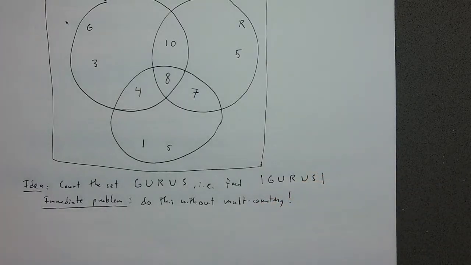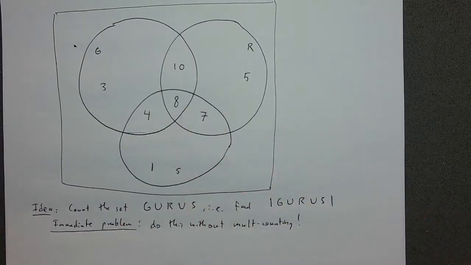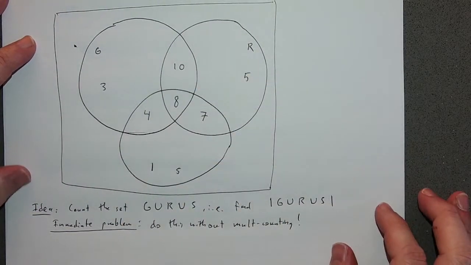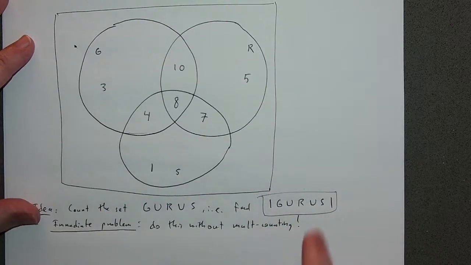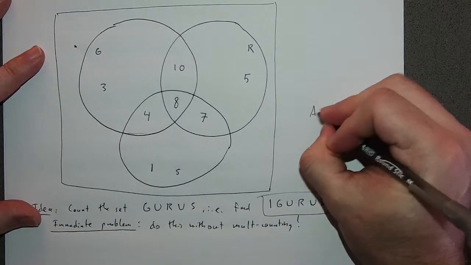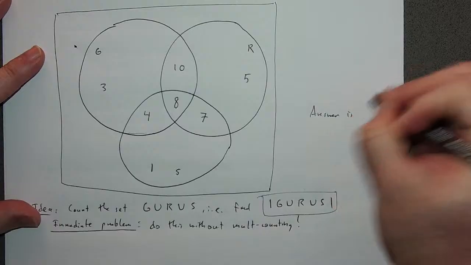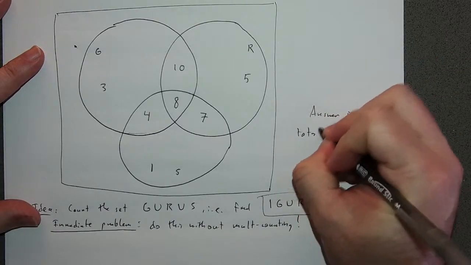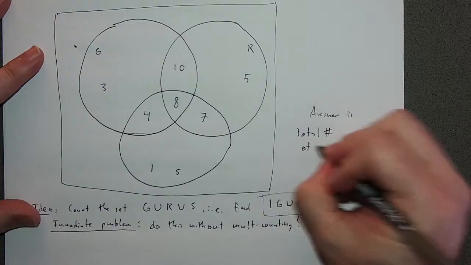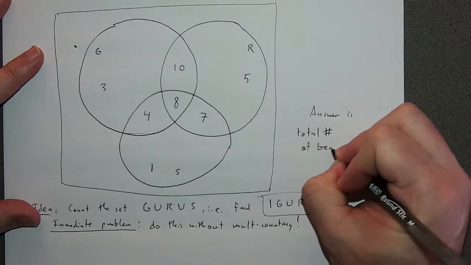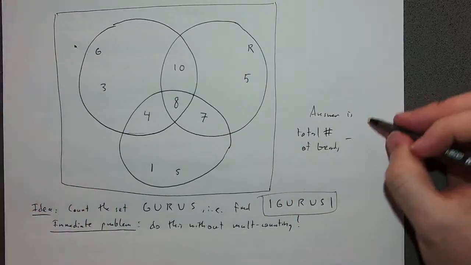What do I mean by that? I mean, if I'm looking at this picture and I'm trying to count everything, first of all, why does counting this set, why does finding this help us? Because then our answer is the total number of beads minus everything in this set.